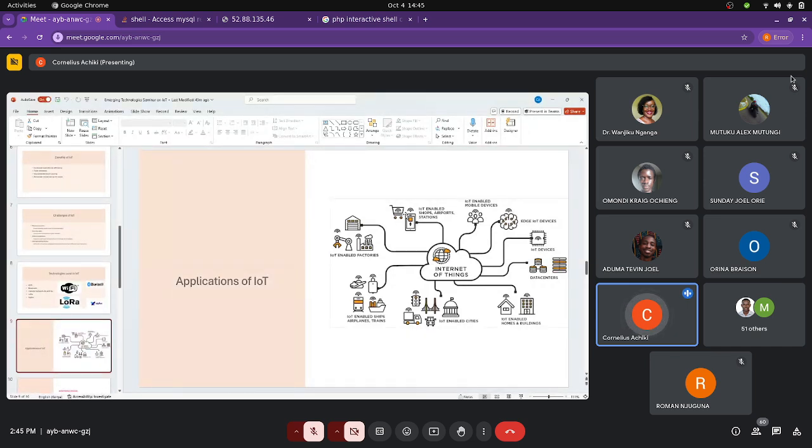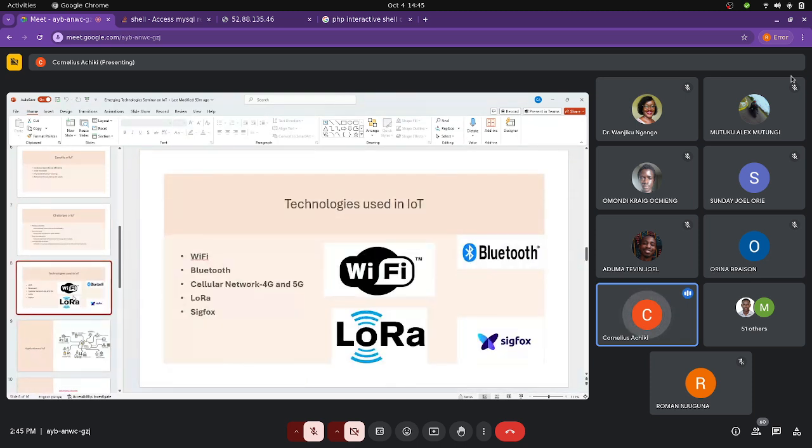When we say IoT-enabled, it means there are devices within that particular building or organization or institution that are able to communicate to the cloud and to the Internet of Things based on the technologies that I have highlighted here. So each of these organizations must be running these technologies. Without this, you'll not be able to do Internet of Things.